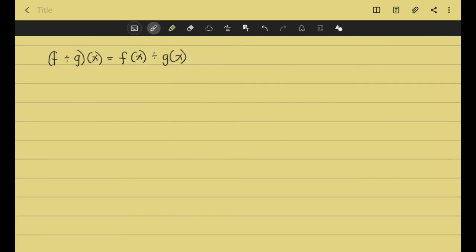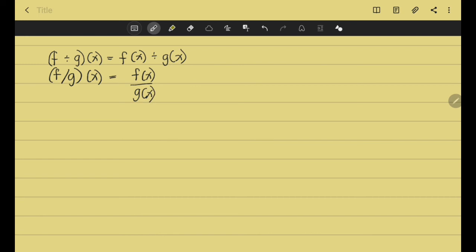Our last operation is division. So we have the f and g as our functions. So if we have to find the quotient of these two functions, we have f divided by g of x that is equal to f of x divided by g of x. It is also denoted as f all over g of x is equal to f of x all over g of x.